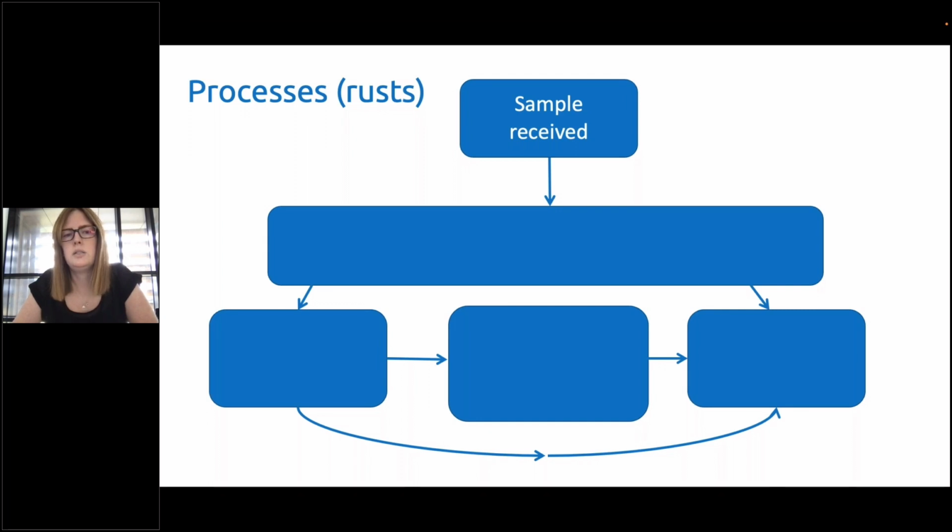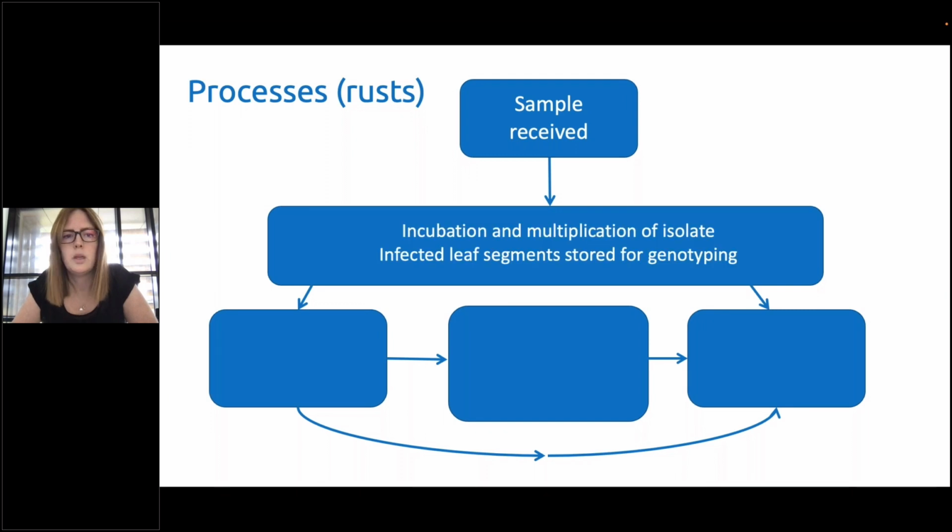We then transfer these spores onto a susceptible variety, and after about 14 days we can start to see developing pustules producing spores. So we start to collect these off these susceptible plants, and this can take several weeks. Sometimes we may need to repeat the process over several successive rounds so that we can multiply enough spores to work with.